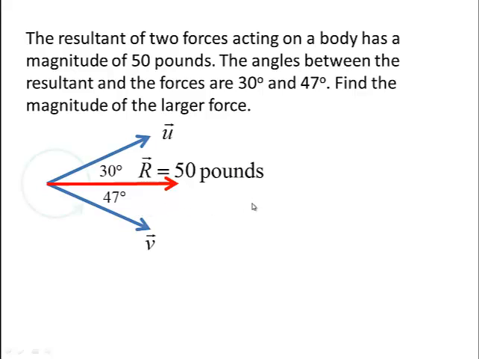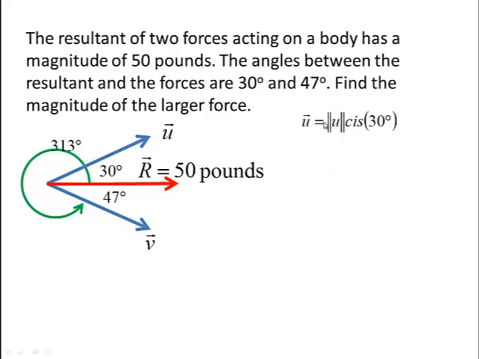They're helping each other, but they're not quite pulling at the same angle. So we're going to do kind of the same thing as the last one, but you just have to be careful. Vector u is a 30-degree angle, but vector v is actually a 313-degree angle because you have to come all the way around here.